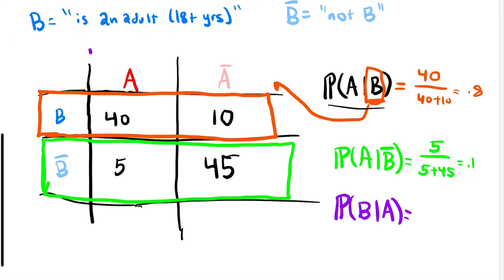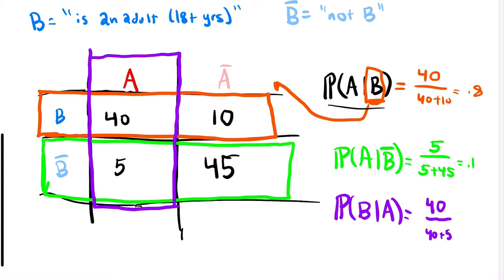So given A, we're given this information that we already know we're in this column here. So we're going to ignore everything else in the table. Our whole universe is only people who like Brussels sprouts at this point. Well, 40 of them are adults, but there's 40 plus 5 people who like them.